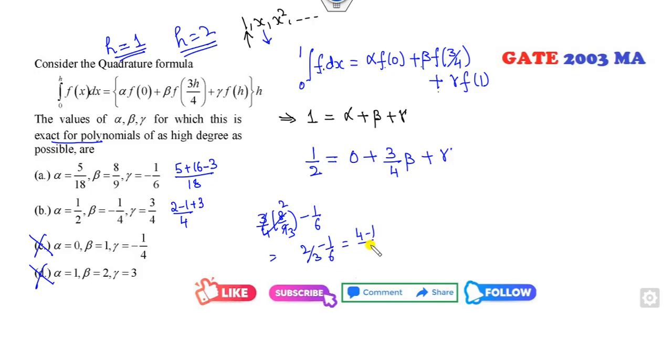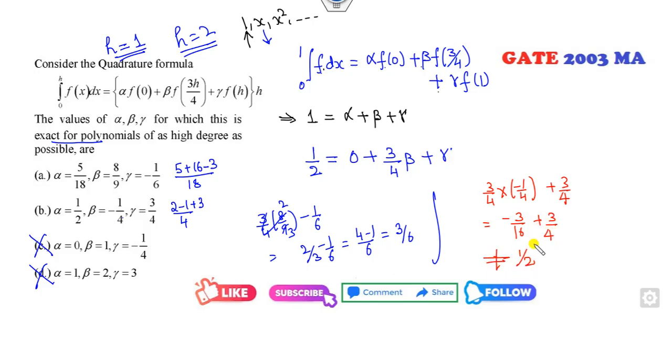So 4 minus 1 over 6 is 3 over 6. Yes, it's satisfied. Look at the second option. 3 over 4 into beta is minus 1 over 4 and gamma is 3 over 4. So it is minus 3 over 16 plus 3 over 4. So clearly this is not equal to half. So this option is cancelled. A is the only remaining option and is the right answer of this problem.